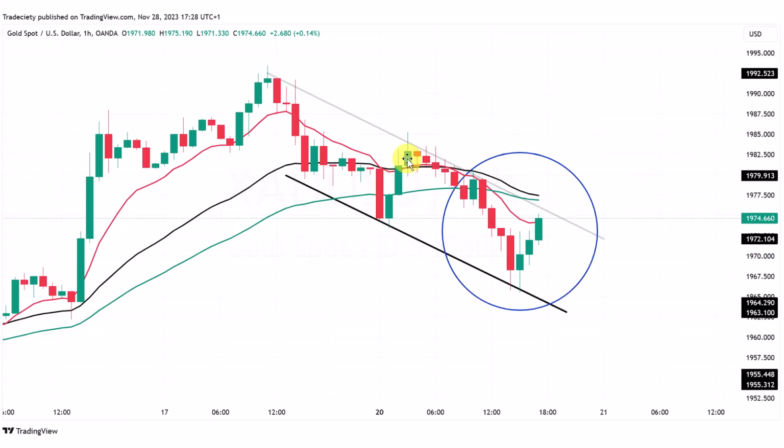So we have indeed a deep pullback, but as long as the overall trending structure is not broken, we remain bullish. We can also add moving averages, and here we have the 50, the 30, and the 10 period EMA. What we see is that during the flag pattern, the market is moving below the moving averages. The red line is the 10 period, the very fast moving average. As long as the fast 10 period EMA is below the other moving averages, we are more in a bearish scenario.